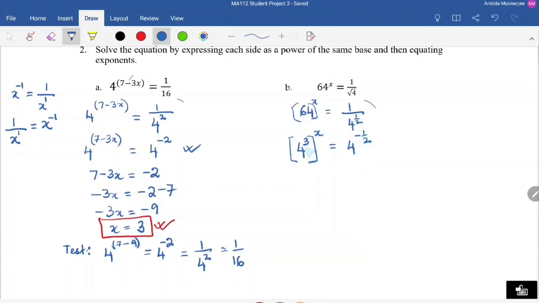So let's see, now we can further simplify this by using the power rule on the left hand side. We have 4 cubed raised to the power x. So with the power rule, we have to multiply the two exponents and write it as 4 raised to the power 3x equals 4 raised to the power negative half. All right, so we have the same base now.